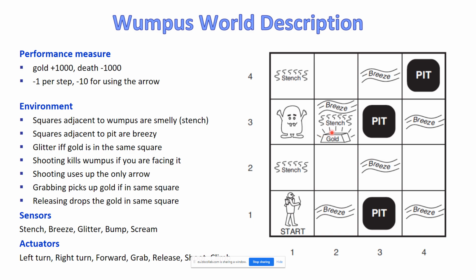So the gold is in one of the rooms, but the agent doesn't know, of course, in advance where the gold is. So he's trying to explore the wallet in order to reach the gold and to get it back to the starting room so that he can climb out of the cave from that room.